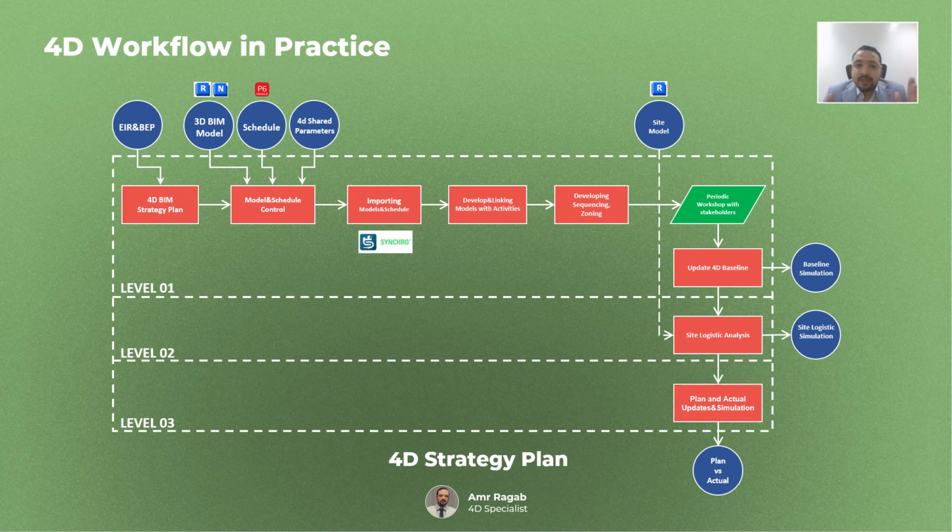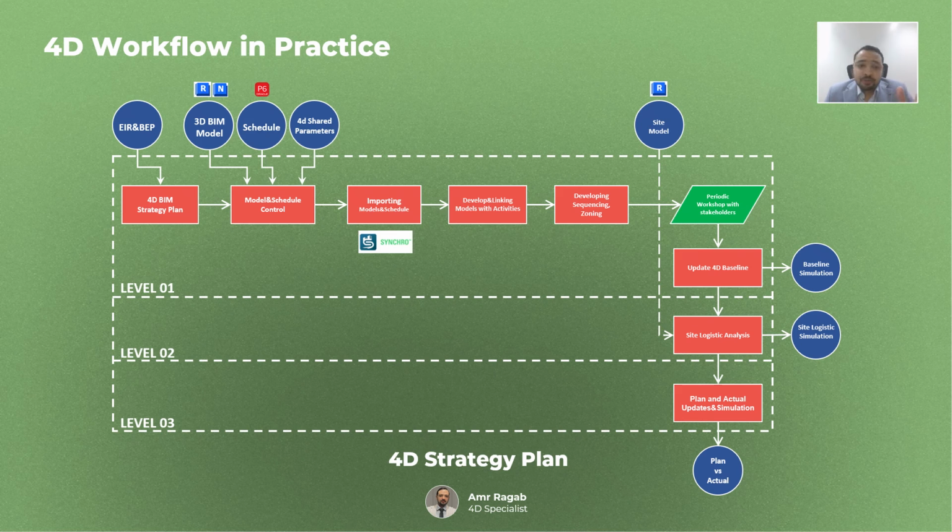So clean data equals clean results. Once validated, we import both the 3D model and the schedule into our 4D software, as an example, Synchro 4D Pro. Here the model geometry and the schedule data finally meet in the same environment.